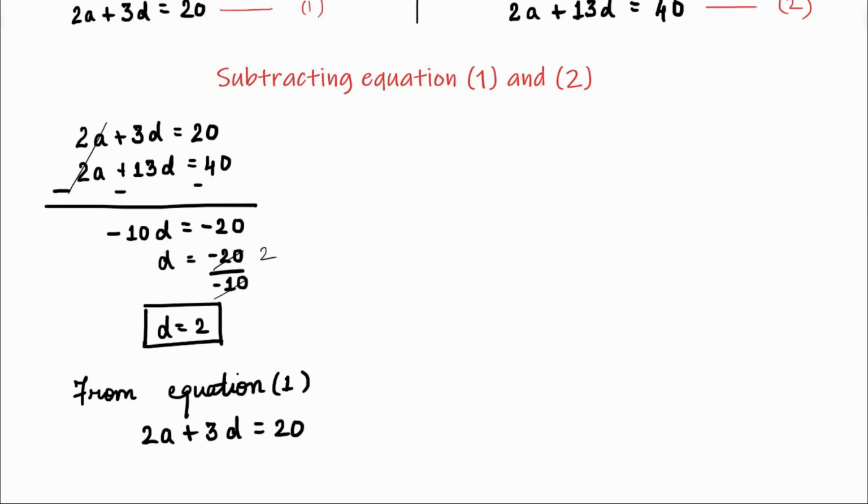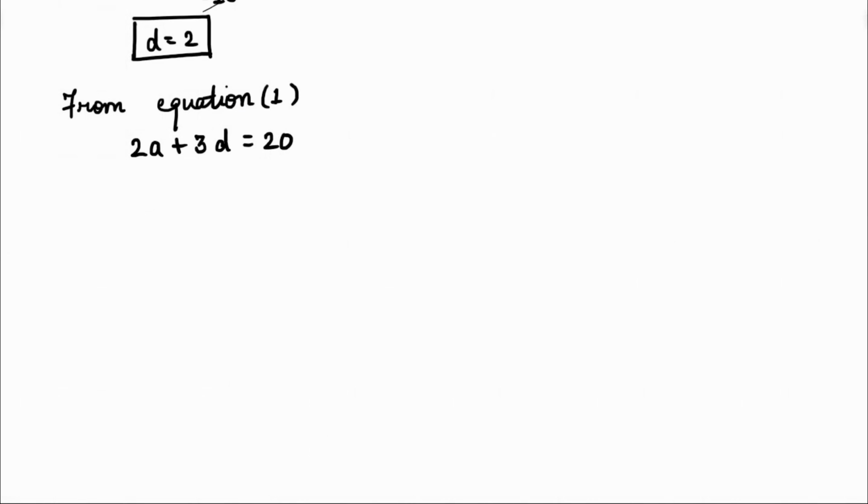Now I'll substitute the value of d as 2 in this equation. So I get 2a plus 3 times 2 equals 20. 2a plus 6 equals 20.